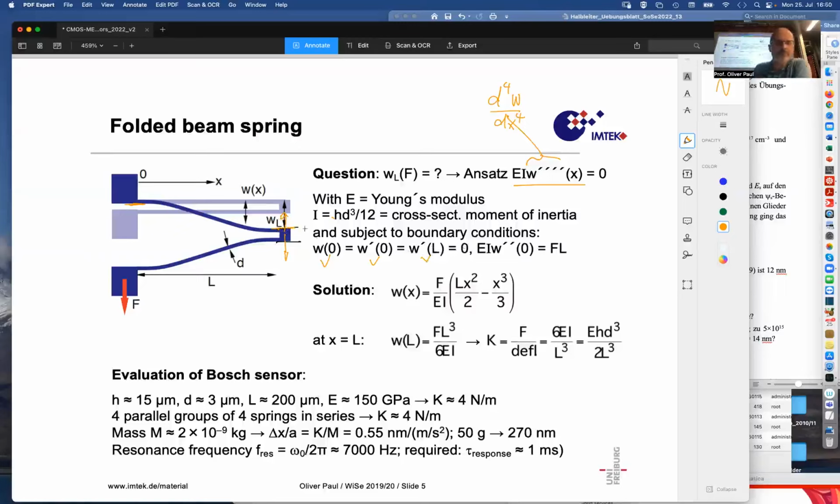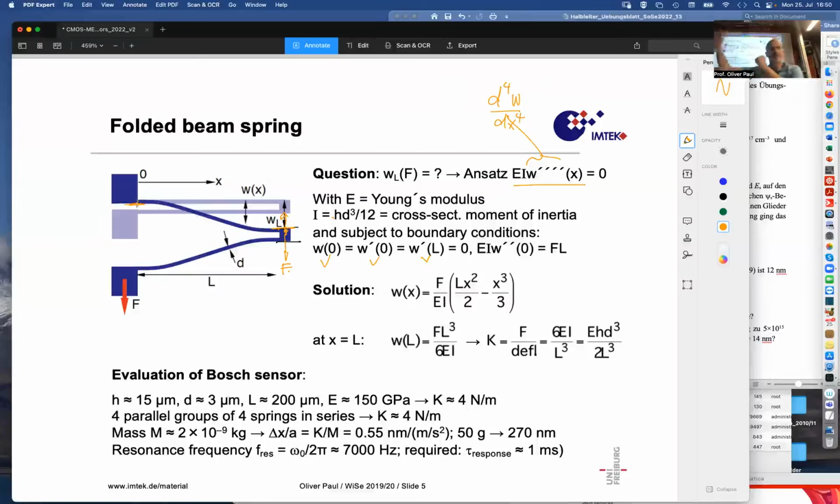And then I can also add a 4th boundary condition by the fact that this force F that is now working on this piece of material causes, of course, a moment at this point.